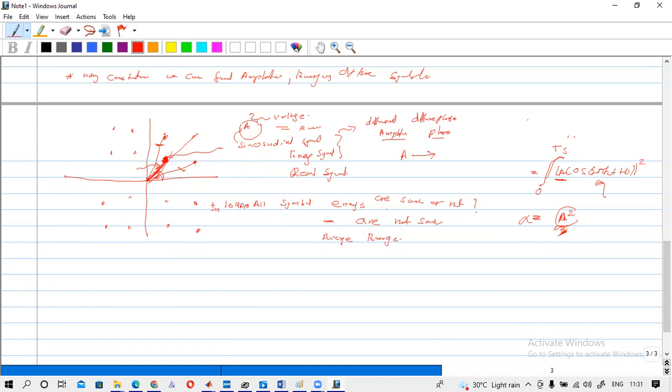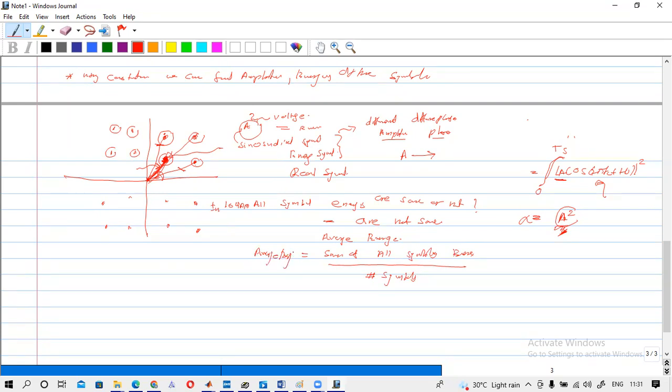If you calculate the energy of all these symbols, get the sum of all the symbols' energy, and divide it by the number of symbols, it will give you the average energy of the signal.